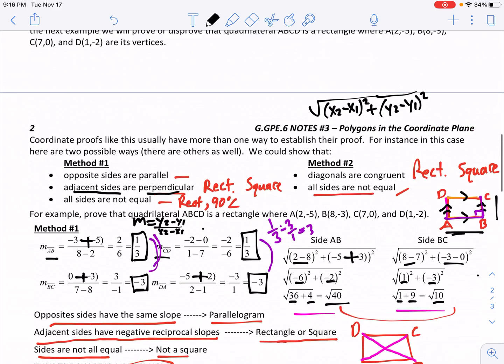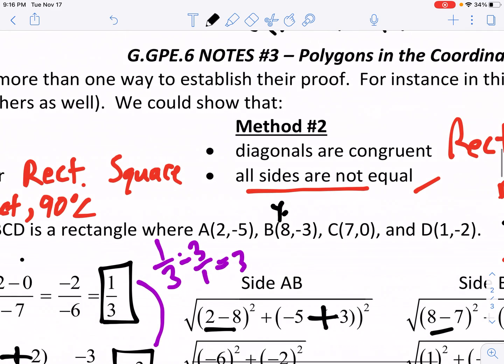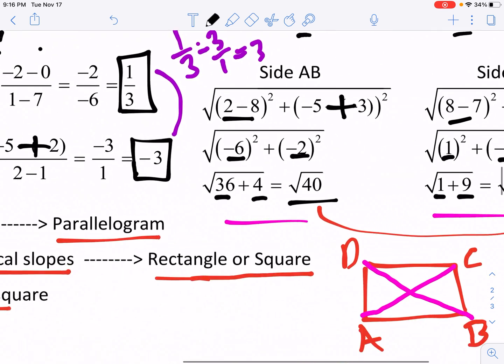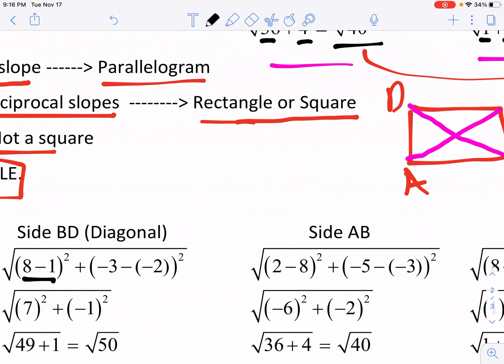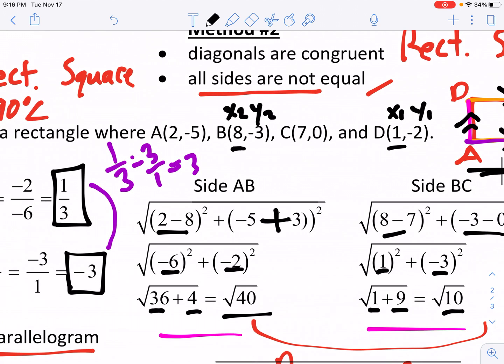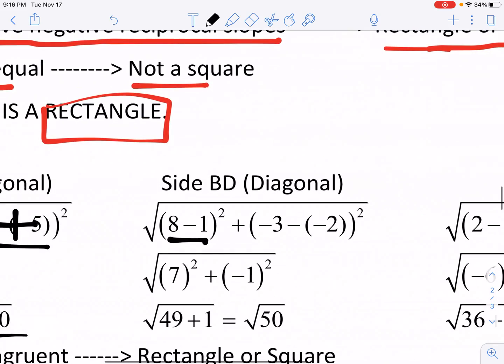But since they're starting with 8, I'm going to make this my x2, y2, and then my x1, y1. As long as you keep it consistent, you'll be fine. So we have 8 minus 1. That's what they have here. And then we have negative 3 minus a negative 2, which changes this into addition.